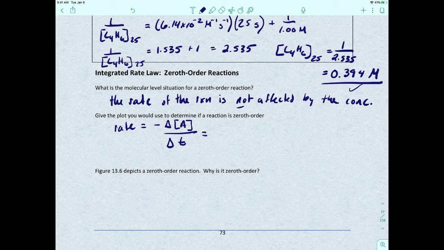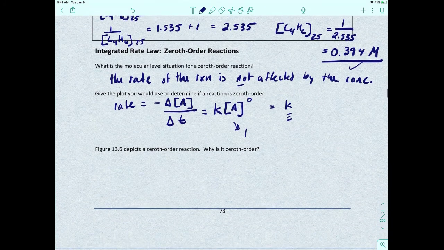And if we were to write a rate law for this reaction, the rate law would be k times the concentration of A, but the concentration of A would be raised to the zeroth power. Now, anything raised to 0 is automatically 1, so that means the rate would be equal to the rate constant.